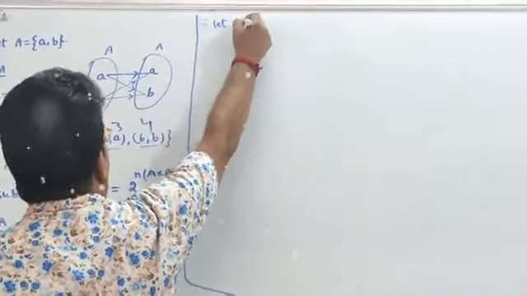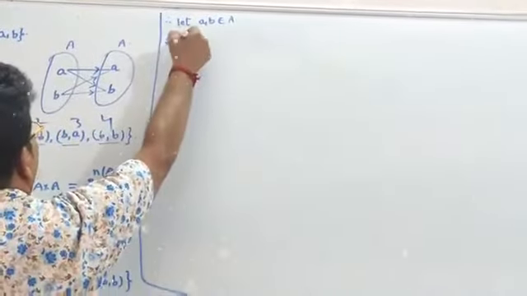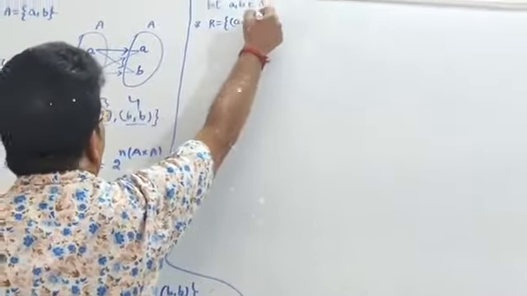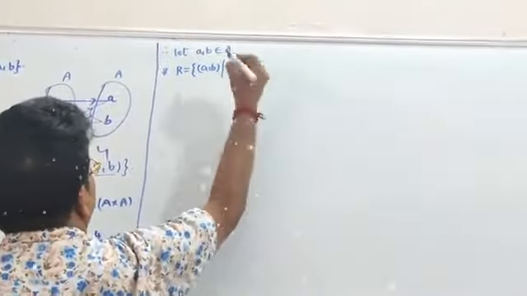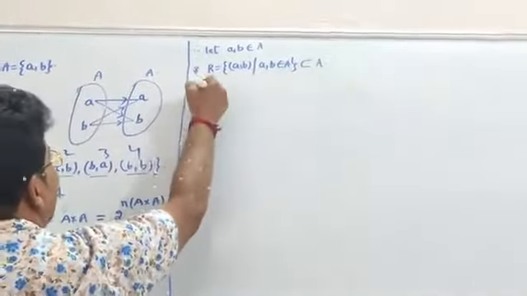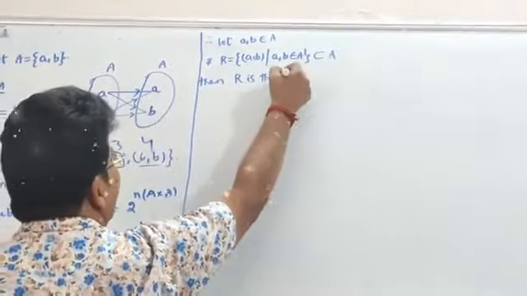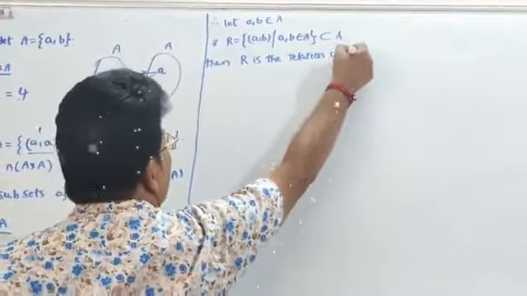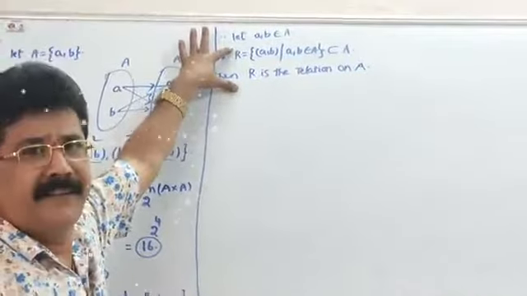So therefore, in general, let a comma b belong to capital A, and let R be equal to the set of a comma b, so that a comma b belongs to capital A, is a subset of capital A cross A. Then capital R is the relation on capital A. This is the main definition.